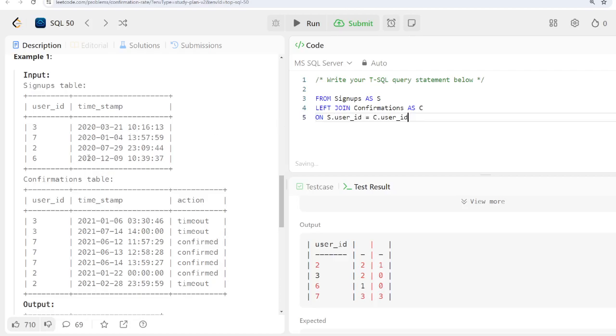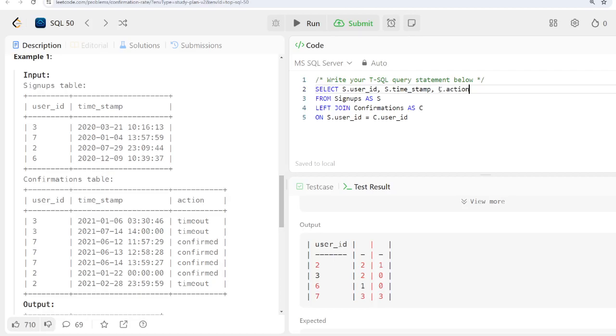All right, now we have joined these two tables. Now to retrieve the columns we have to use the select. Okay, so select, and now let me say I want user ID from this S table, then I want timestamp from this S table, and I want action from this C table.